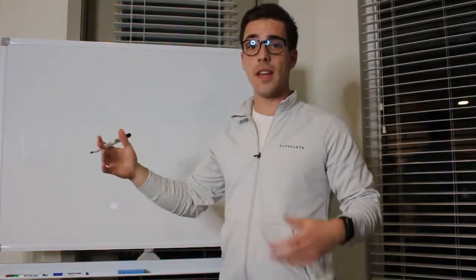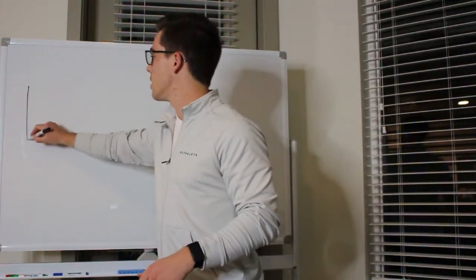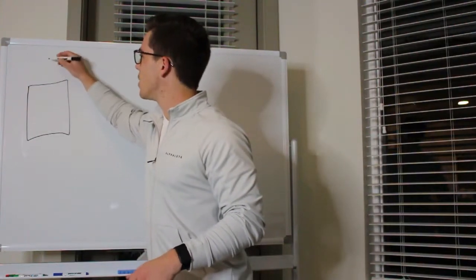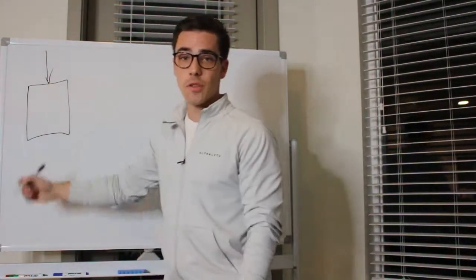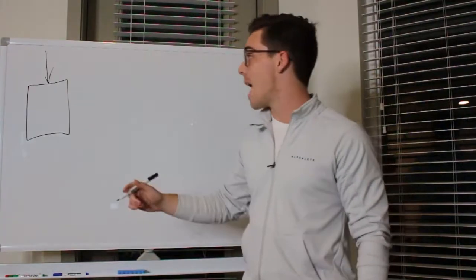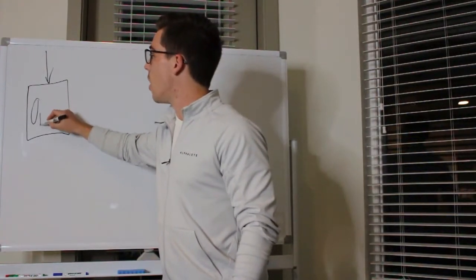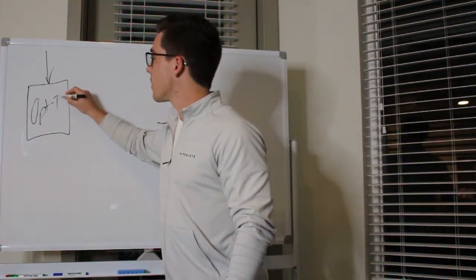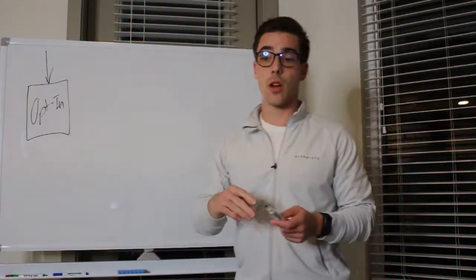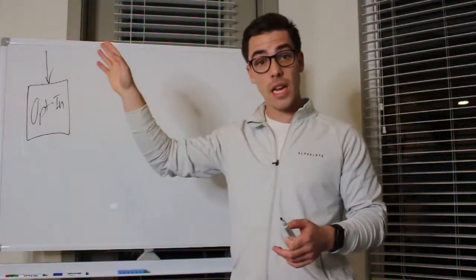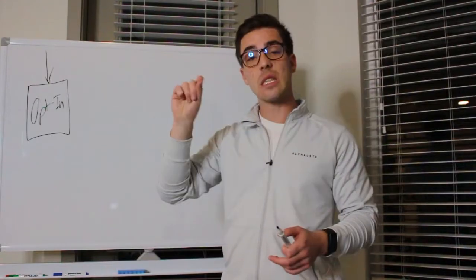So the first step is your opt-in page. This is the page that people land on directly after clicking on the link on your ad. On your opt-in page, you're allowing them to either leave the page or take a specific action.